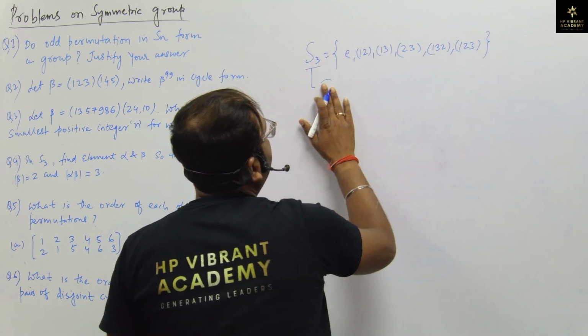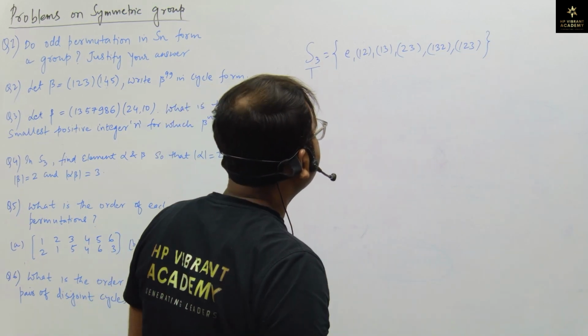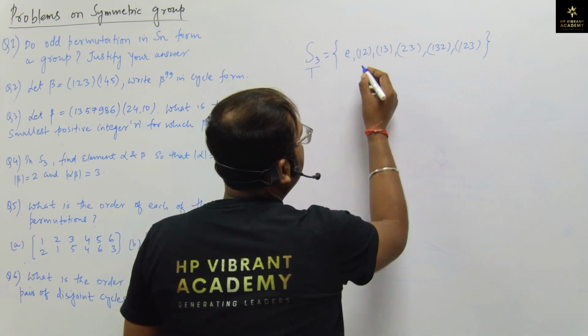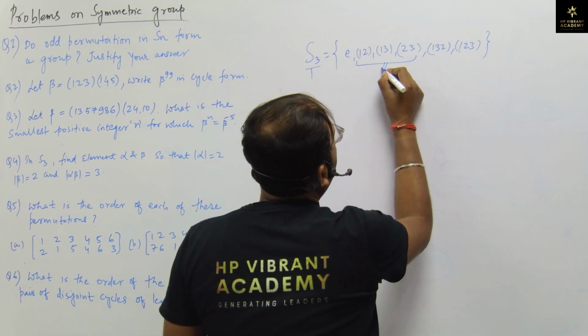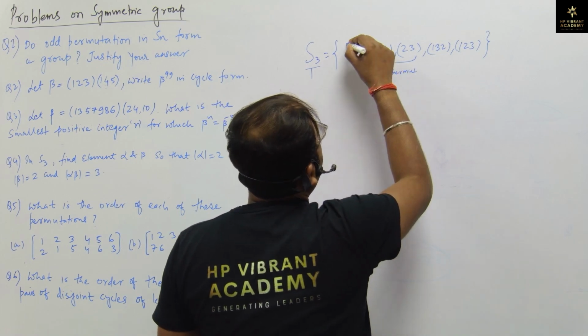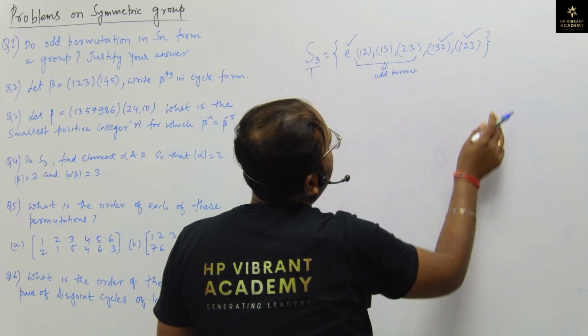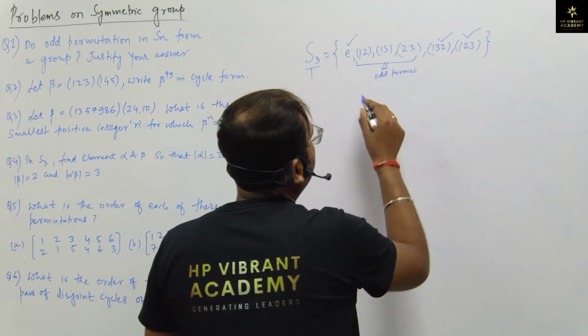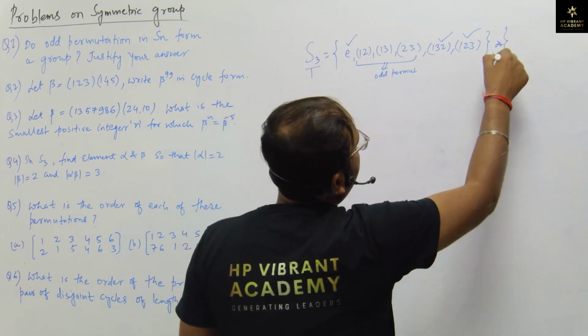In S3 we have a total of 3 factorial elements, that is 6 elements. So these three are odd permutations, and the identity, (1 3 2) and (1 2 3) are even permutations. These elements form a group under the operation composition of function.